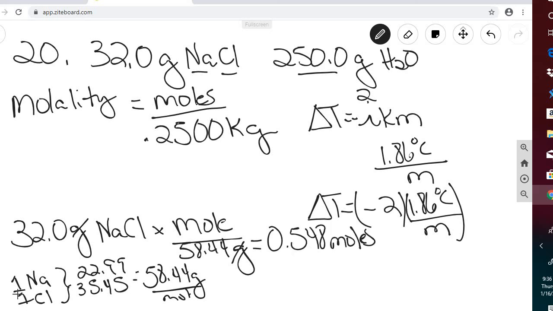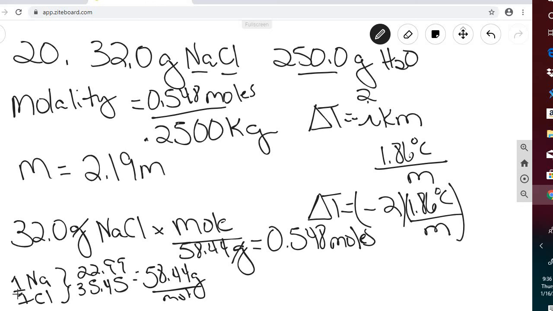Okay, so now that we know that, we can put that in our formula for molality. So 0.548 moles, and you're going to have moles per kilogram. So molality, which is lowercase m, will give us, with 3 significant figures, 2.19 molality.